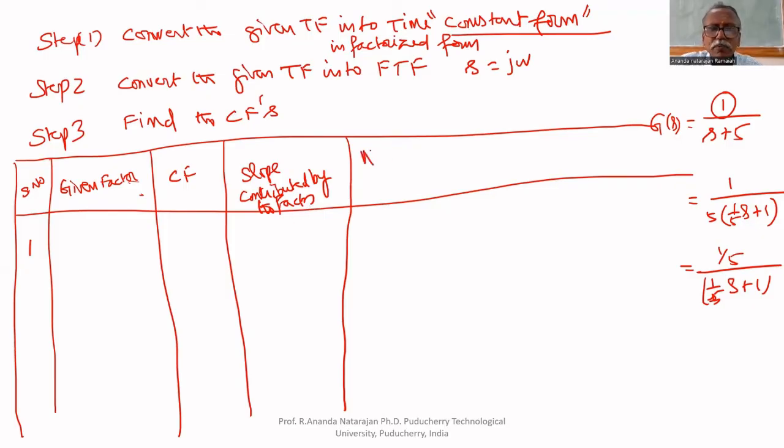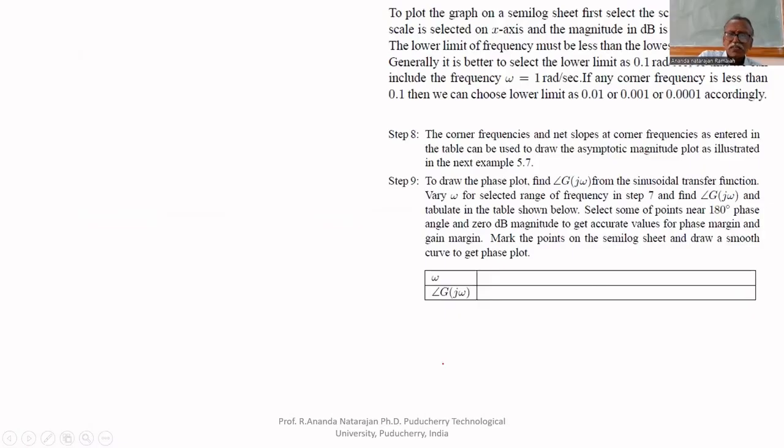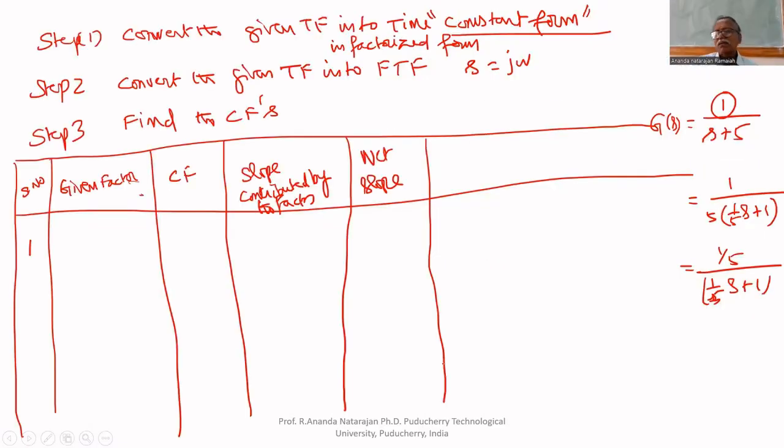Then the net slope. As the corner frequency increases, what happens? The previous slope is added to the next slope. That's what we have seen. The diagram is not there, so initially it is minus 40 dB.